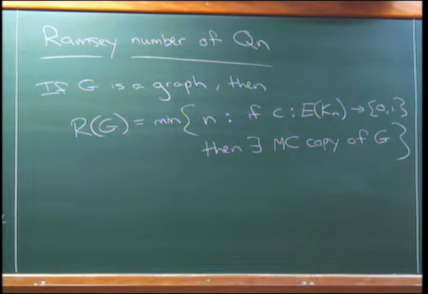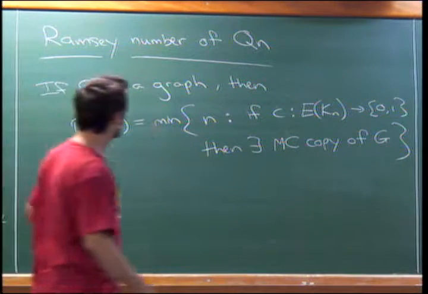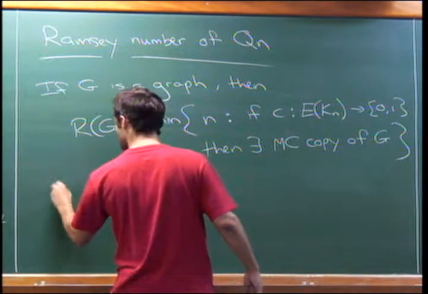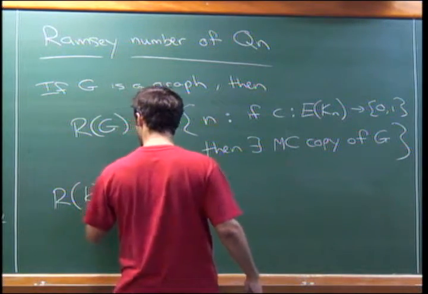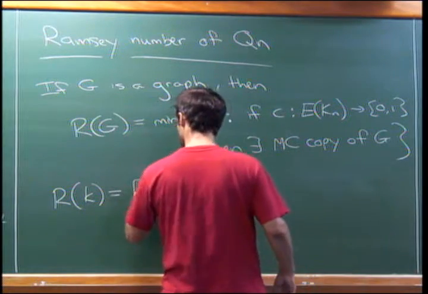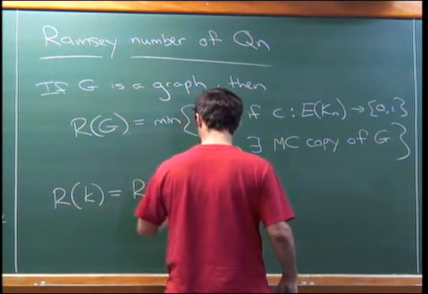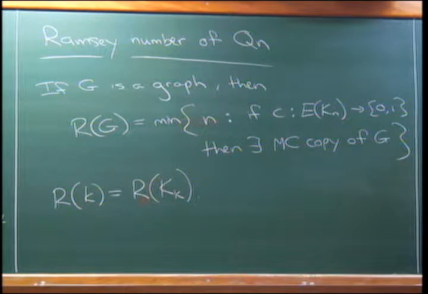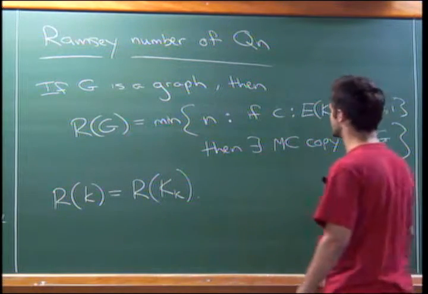If you have to find either a red copy of G or a blue copy of G, then you've realized the Ramsey number. So in particular, R(k), which is the Ramsey number we're familiar with, is just the Ramsey number of the complete graph.